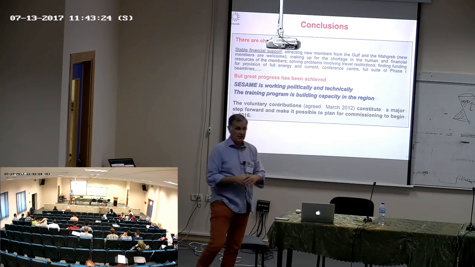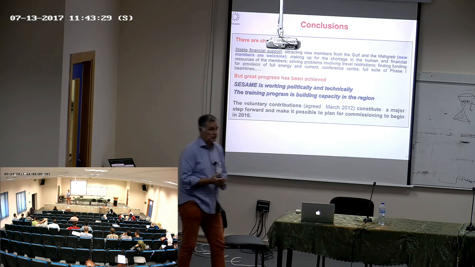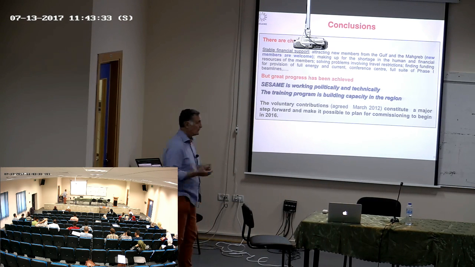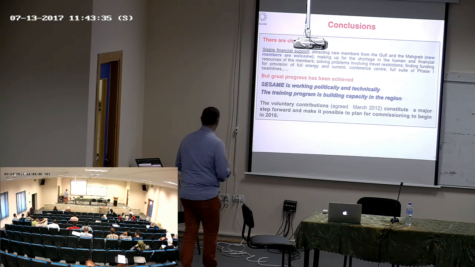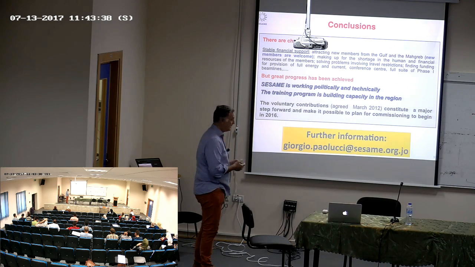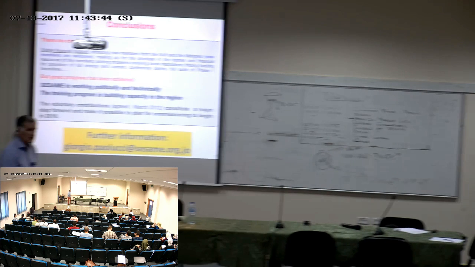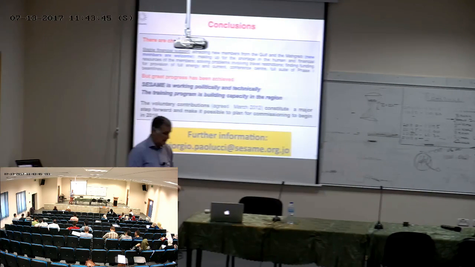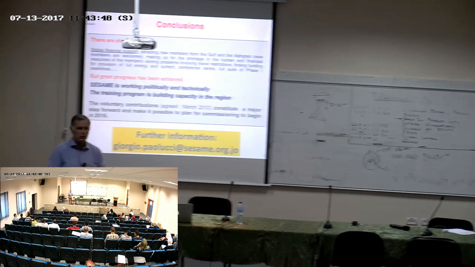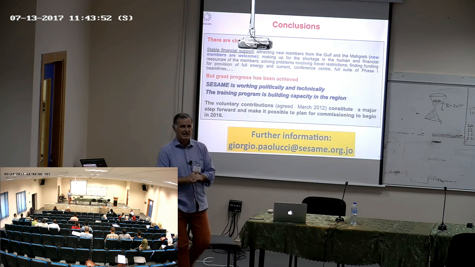The beamlines are going to be soon connected to the ring, and so, as I said, in October or November, you will hear about the first results from us. And if you have questions, curiosities, contact me, and I will be glad to answer or to forward your request to the appropriate person. Thank you for your attention.